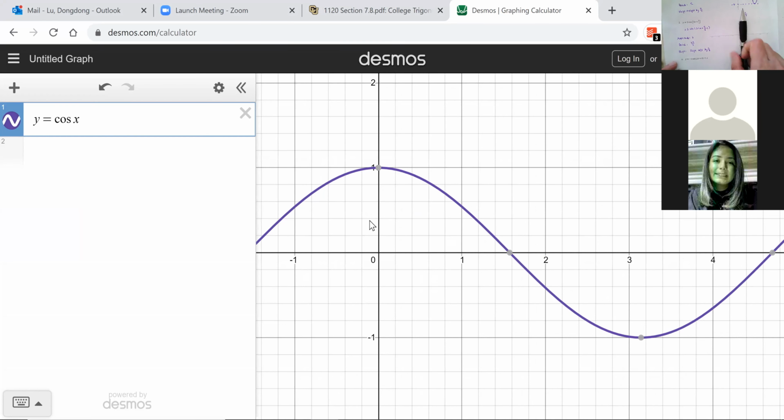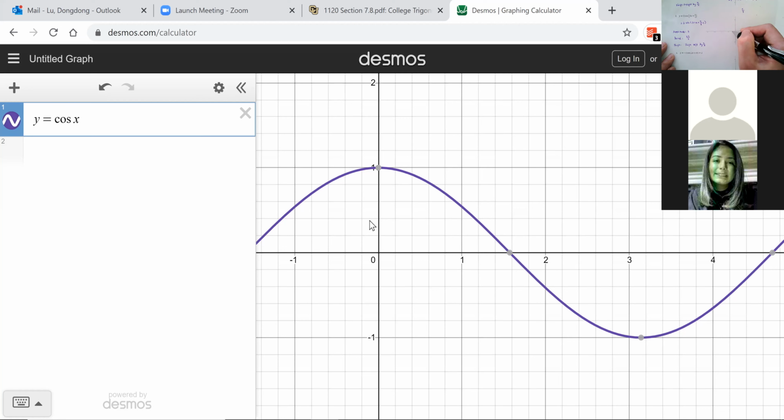Okay, so we have all the information we need. Amplitude is 2, period is 2 pi over 3, and shifting left by pi over 6. So originally it attains maximum here. Now you are shifting left by pi over 6.